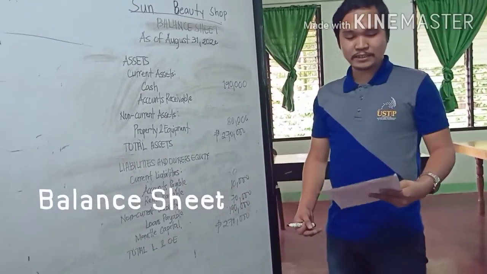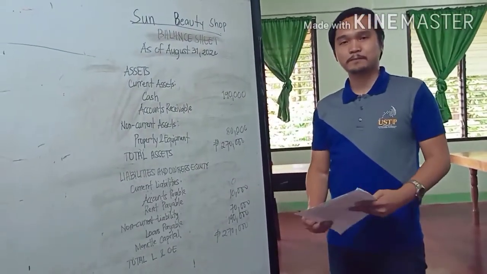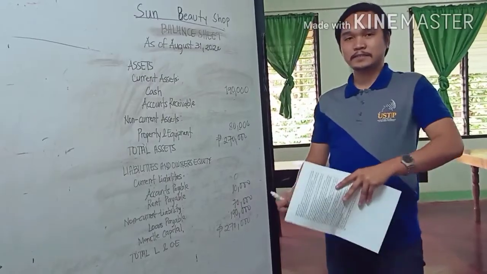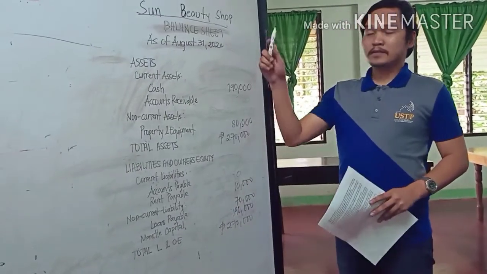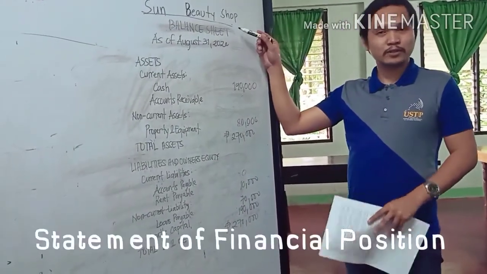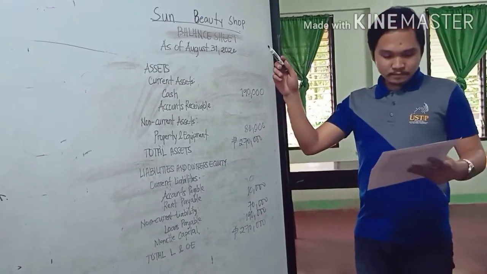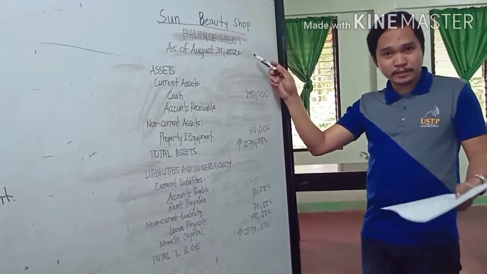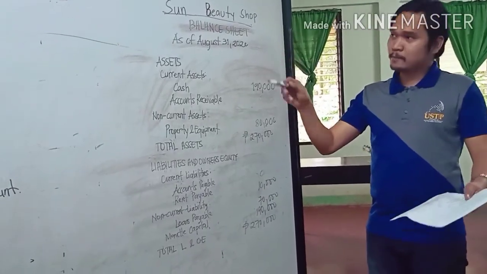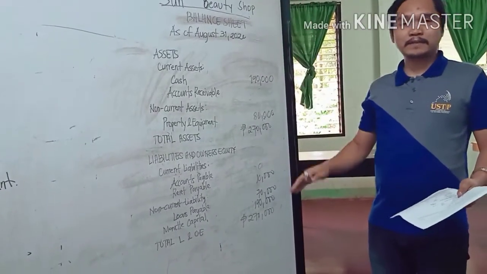So we all know that the balance sheet shows the financial position of the company as of a certain date. The balance sheet is also called the statement of financial position. Now, this is an example of a typical balance sheet.